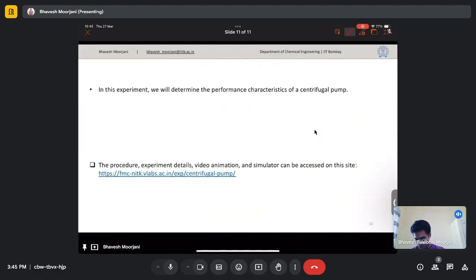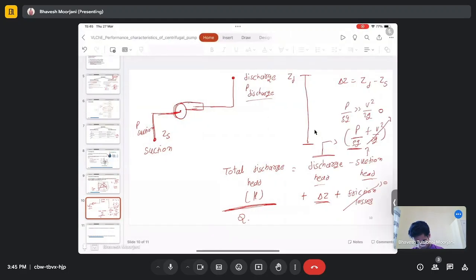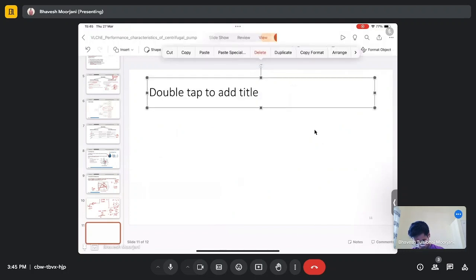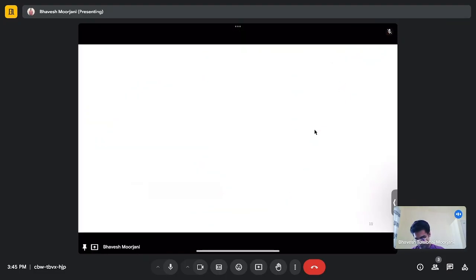Let's say once you know the discharge, now we know the total discharge head, okay, we know the TDH, then we can compute the power requirement as the pressure that we have to generate.